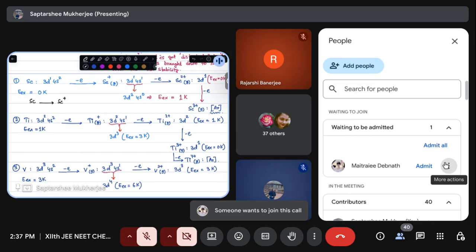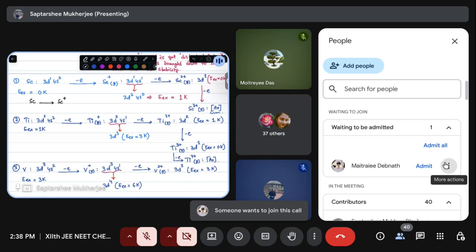If I say gain of in a way, Moitri is already there in the class or not? Yes, sir. No, N2 Moitri, not school Moitri, another one.